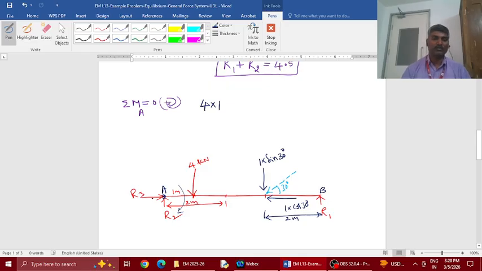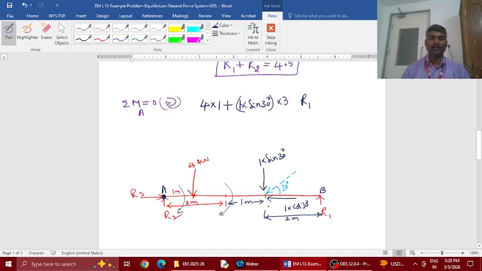One passes through A, so its moment is 0, and this one, 1 into sin 30, is the force multiplied by the distance. From A, the perpendicular distance to this force is 2 plus 1, 3 meters. Again about this point, this force is trying to rotate this member clockwise, so plus. Now the last one is R1.